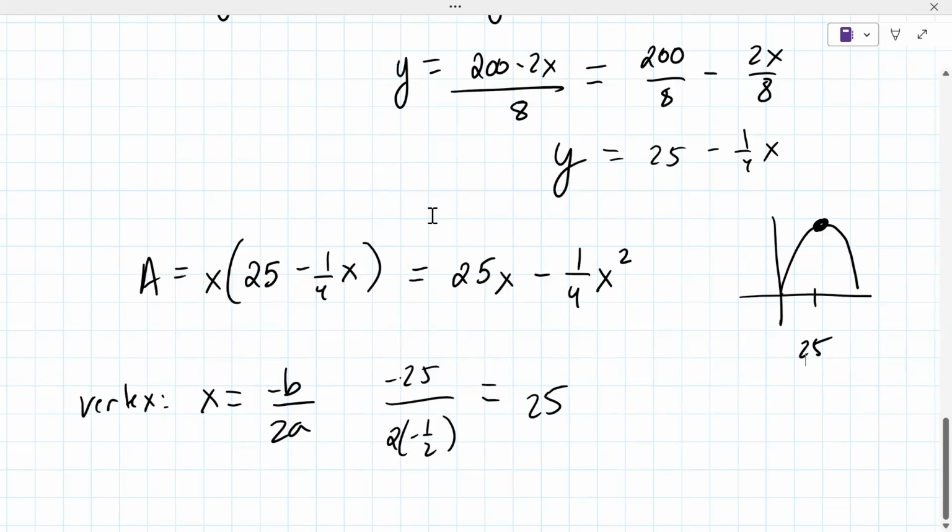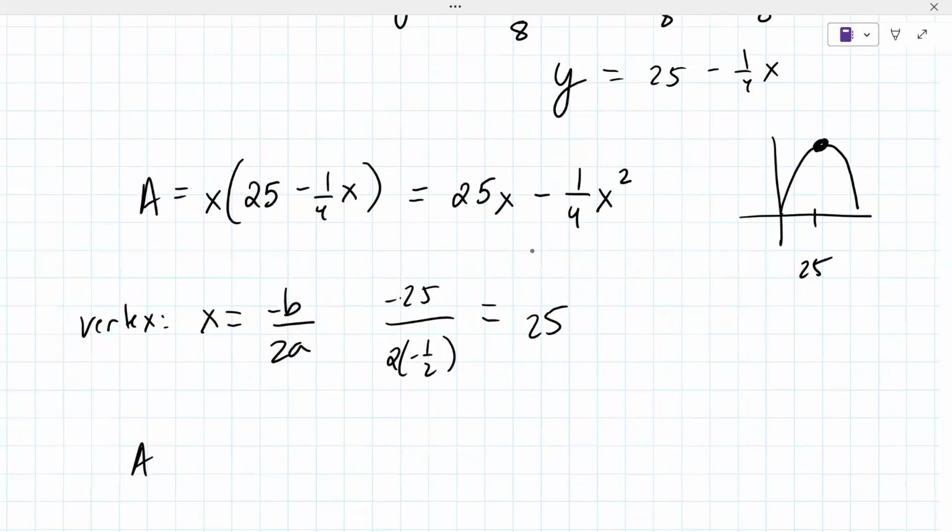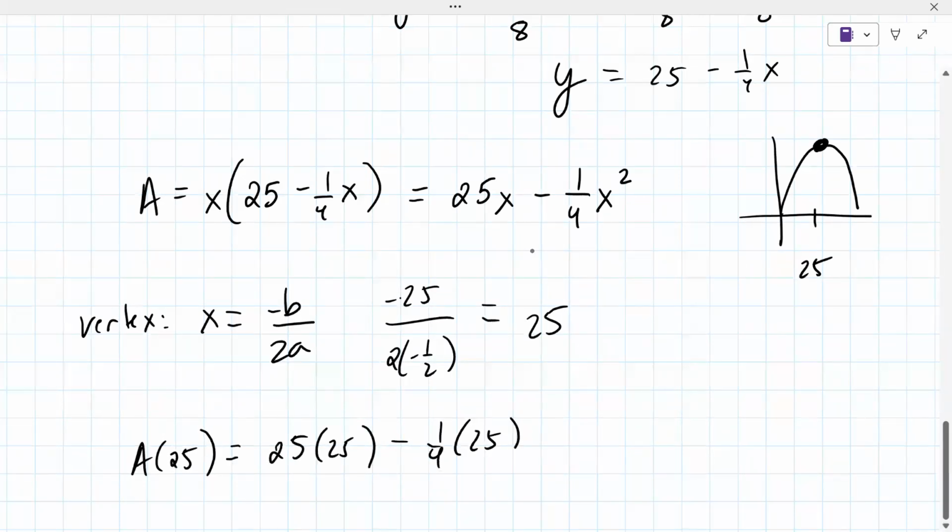You don't have a calculator, so you have to put that back in: 25 times 25 minus 1/4 times 25 squared. For me, you can use a calculator, but you can do it by hand on the test if you want.